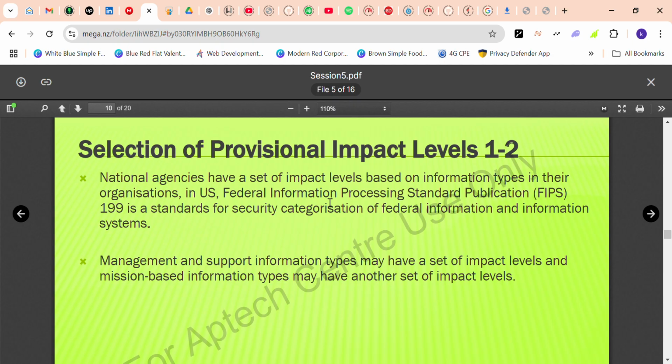Management and support information types may have a set of impact levels, and mission-based information types may have another set of impact levels. Depending on the impact, we determine the selection. All these standards are on how to categorize the impact level of your asset or organization information.